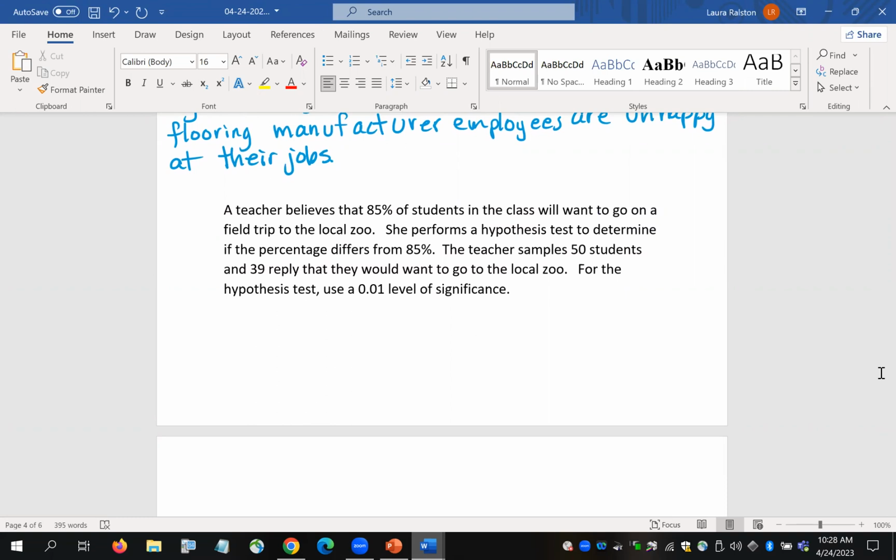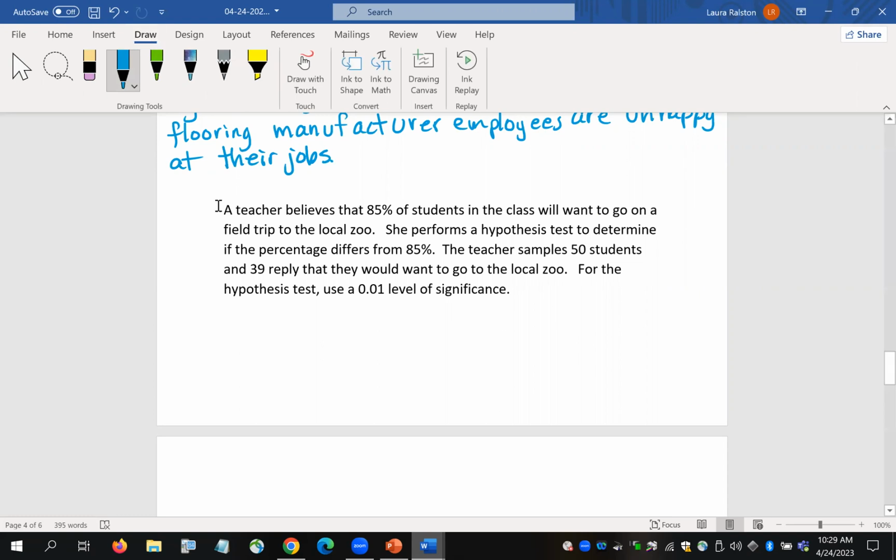She performs a hypothesis test to determine if the percentage differs from 85%. The teacher samples 50 students and 39 reply that they would want to go to the local zoo. For the hypothesis test, use a 0.01 level of significance.